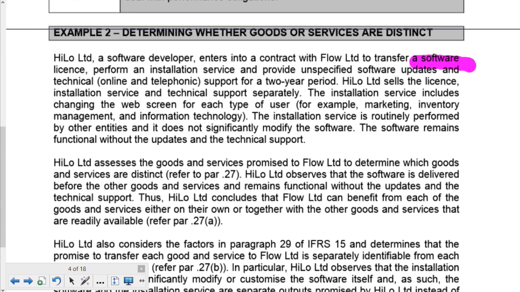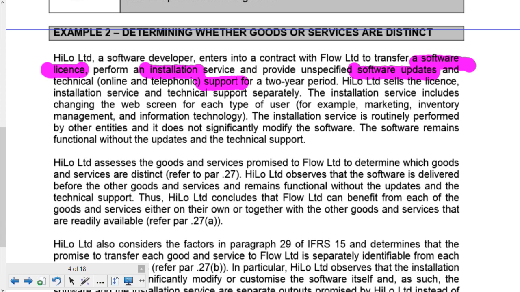A software license, to perform an installation, to service and provide software updates, and to do technical support for a 2-year period. 1, 2, 3, 4 obligations. Do you agree? 4 obligations.